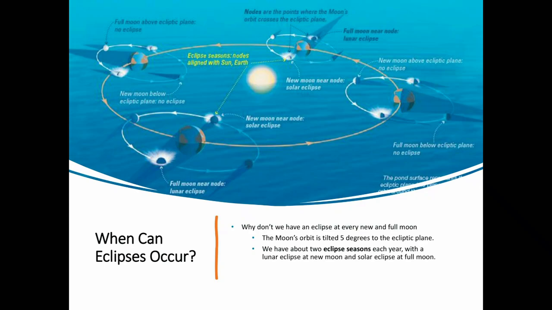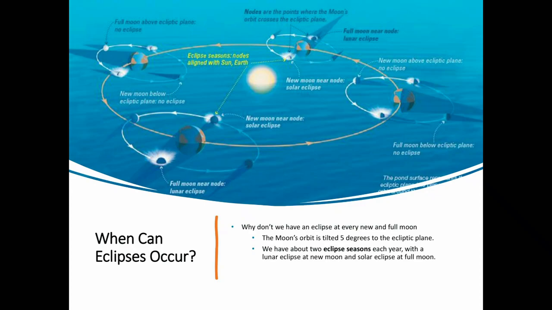They're slightly offset from each other. And so they're offset by about 5 degrees. And so the result of that is that there are only a couple of times during the year where the moon is in the same plane as the Earth and the sun.